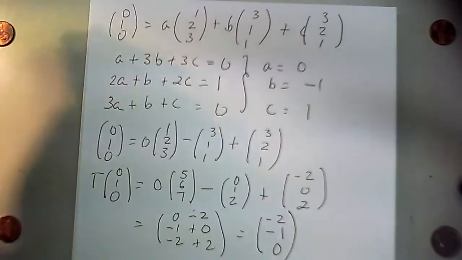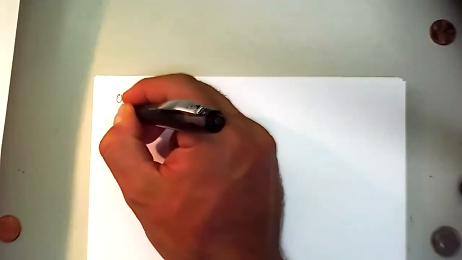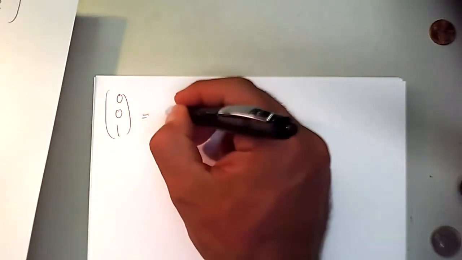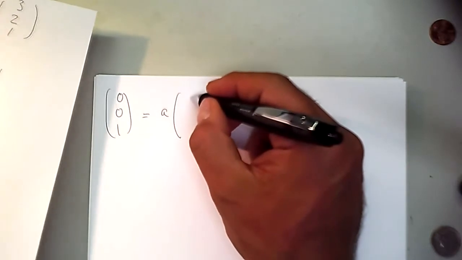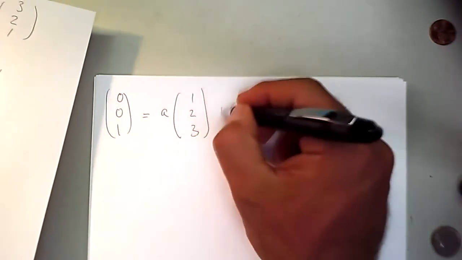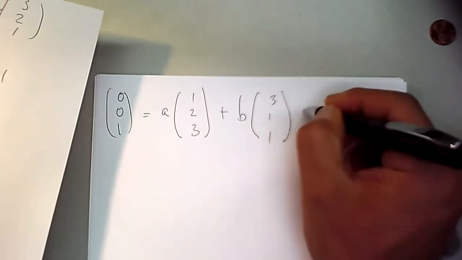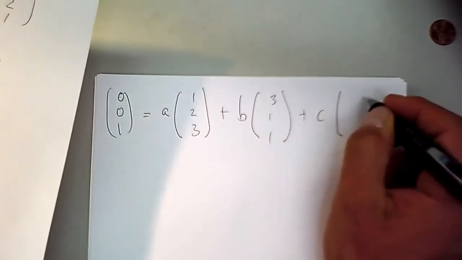So let me do that on a new page. So next we want to change 0, 0, 1 into a linear transformation of 1, 2, 3, and 3, 1, 1, and 3, 2, 1.